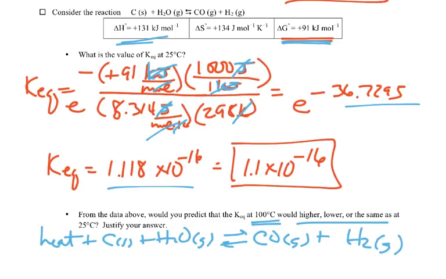So if I increase the temperature, I have too much heat, and that's going to shift this to the right. That means these two values are going to get larger and this value gets smaller, but that's a solid, so it doesn't change its concentration. If I did my KEQ, which is products over reactants, I'm going to get a larger KEQ. So I would expect my answer to be higher, a higher KEQ at 100 than I have at 25.